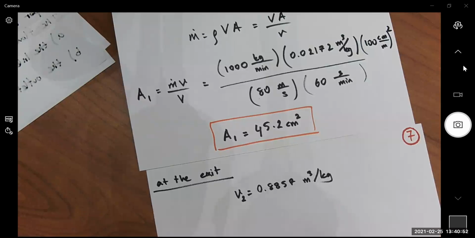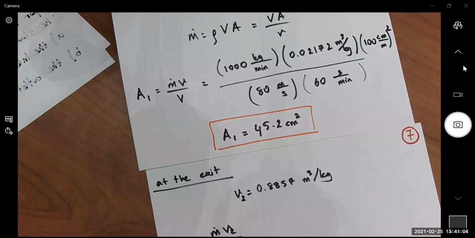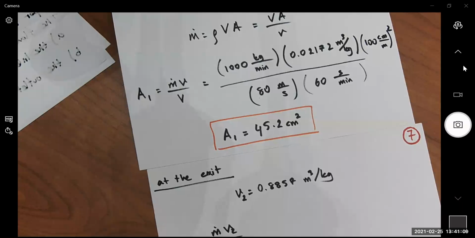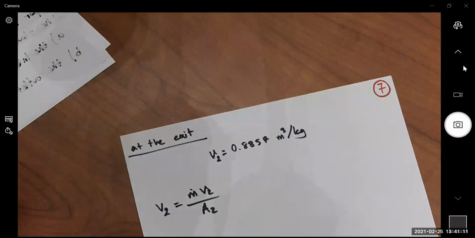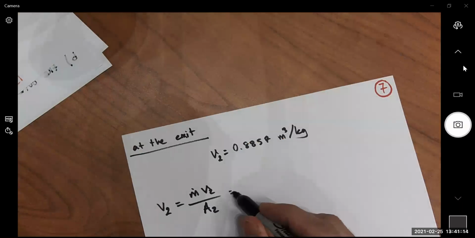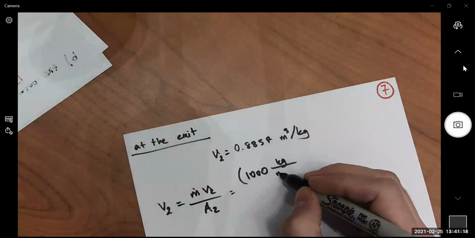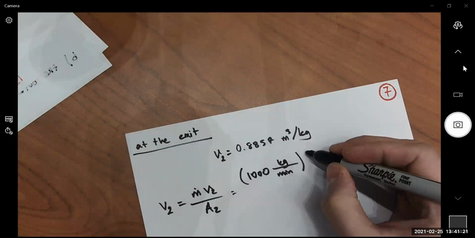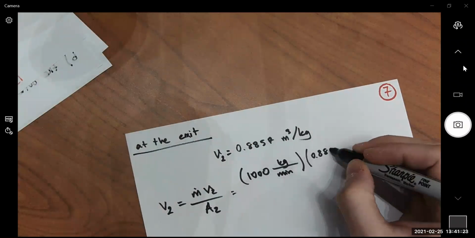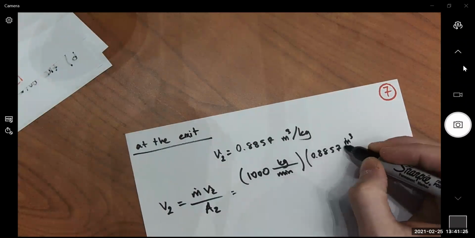For velocity at the outlet, using the same mass flow rate equation: mass flow rate equals area times density times velocity. I know everything except velocity at the outlet. Mass flow rate is 1,000 kilograms per minute. Specific volume is 0.8857 meter cubed per kilogram.